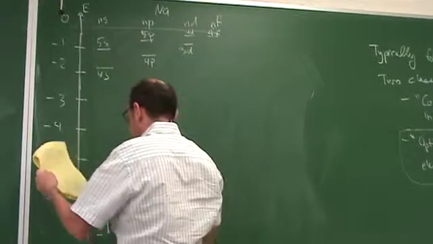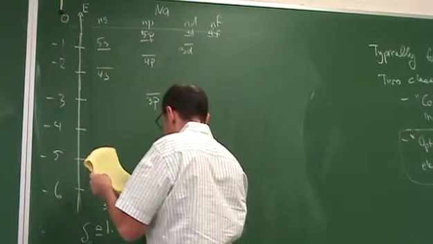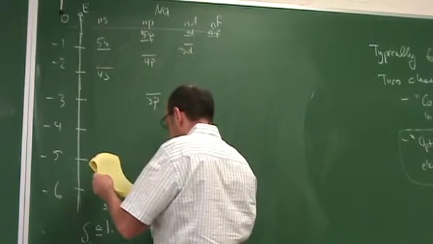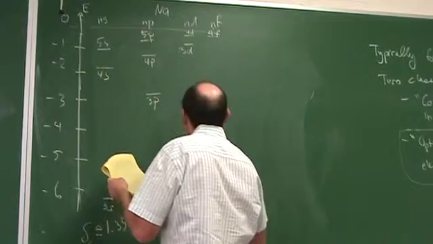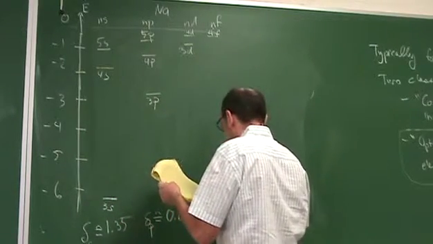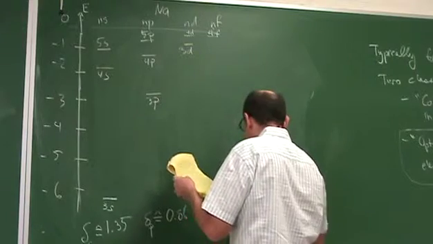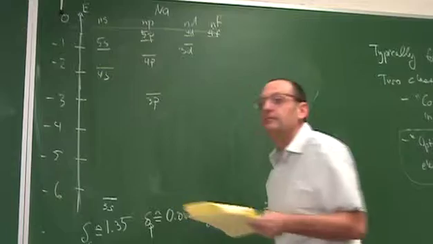The quantum defect for sodium, for the S states, is about 1.35. For the P states, it's 0.86. For the D states, it's approximately 0.001. And for L greater than 2, it's approximately 0.